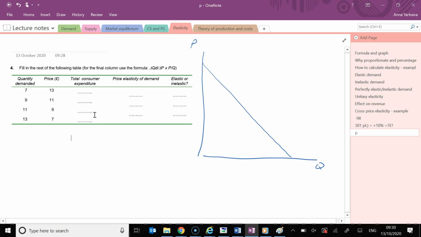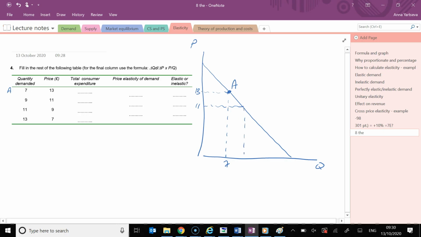Here we are given some demand relationship. We can see how quantity changes as price varies. So we start with a high price equal to 13 pounds. When price is 13, our quantity is equal to 7. Let's call this point A. Price drops by 2 pounds, becomes 11.